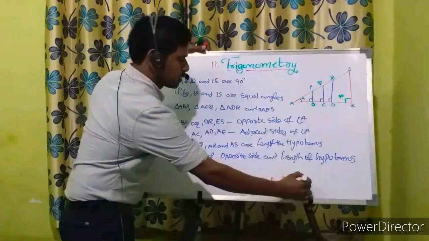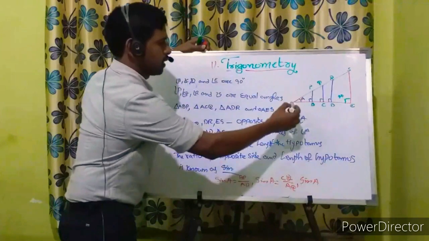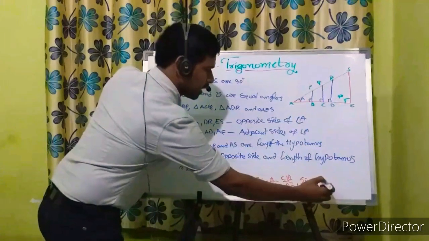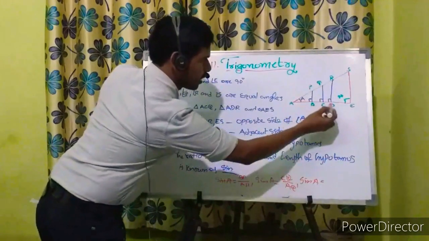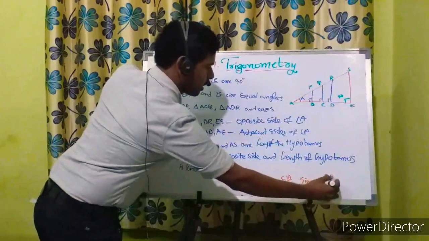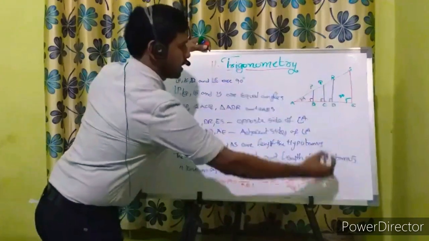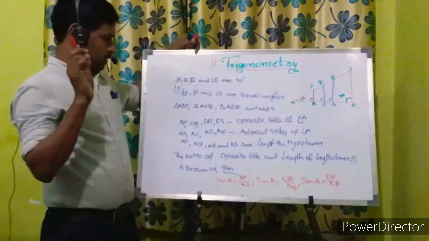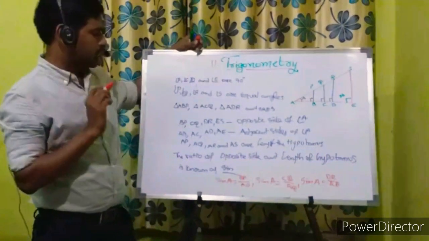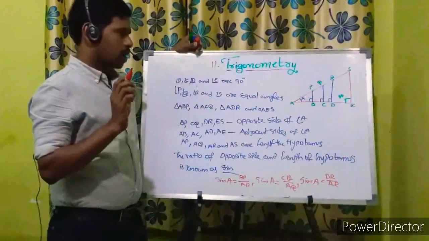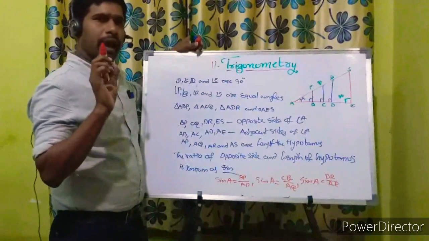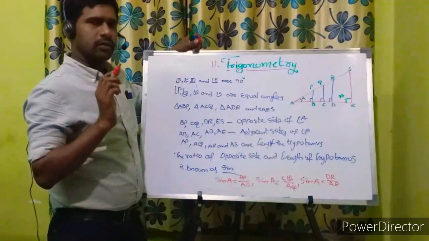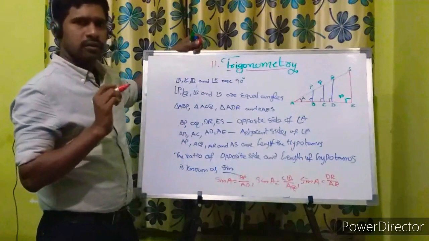Also with respect to the right angle triangle ADR, the opposite side of A is DR, so DR by hypotenuse AR. So the sine formula is the ratio of the opposite side of the angle and the length of the hypotenuse. This is the sine ratio.